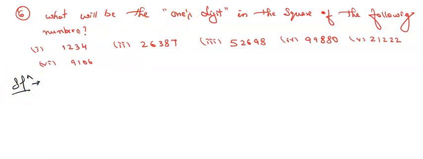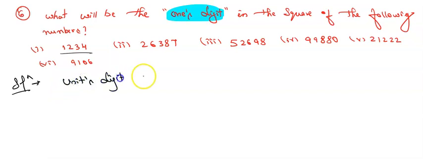Okay, so what will be the ones digit, meaning unit digit, in the given number 1234? What is there in the ones digit? I mean to say the unit digit or ones digit, both are the same. If you want you can write ones digit or unit digit. So what is there in the ones digit? There is 4. As you can see, we have 4. This is the right answer.